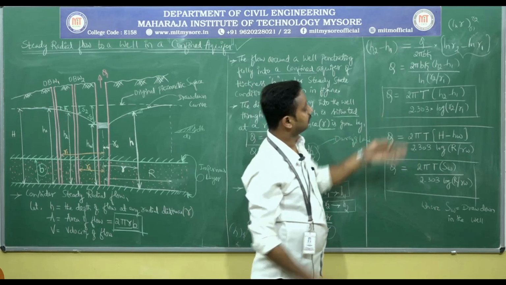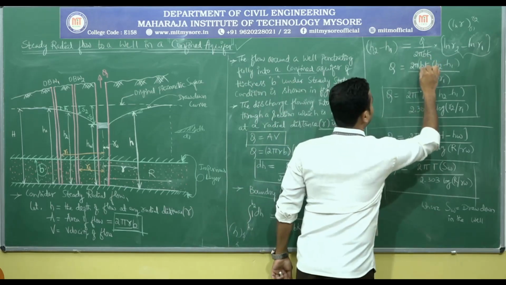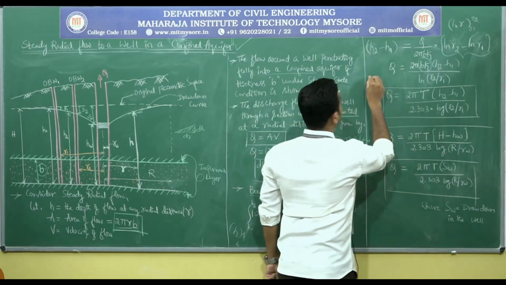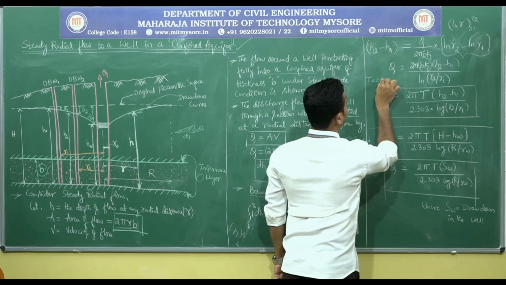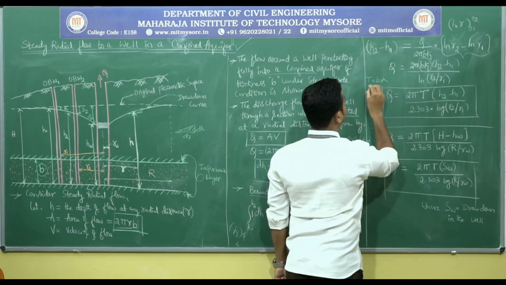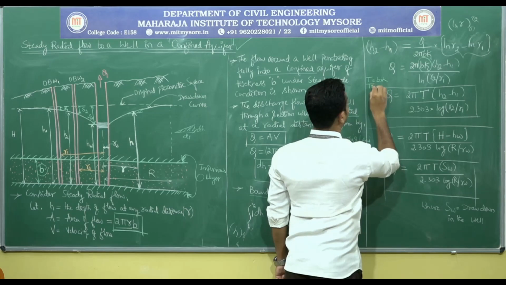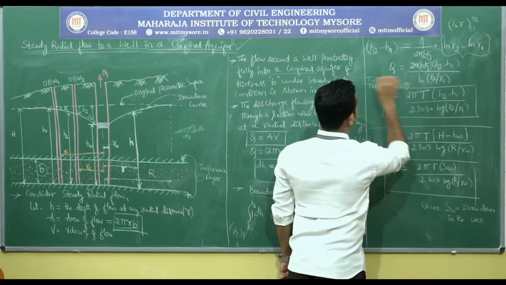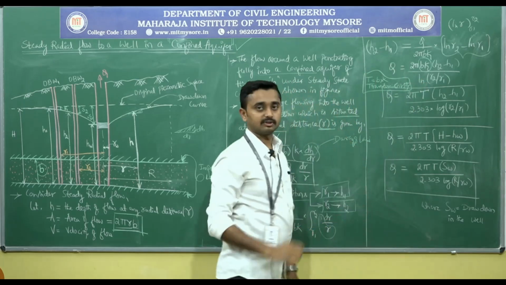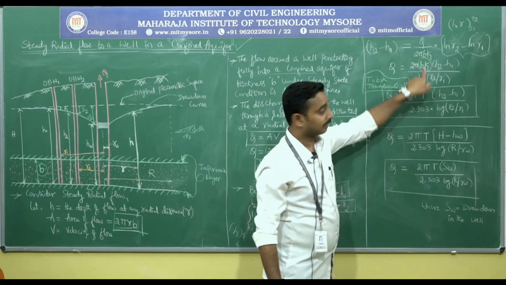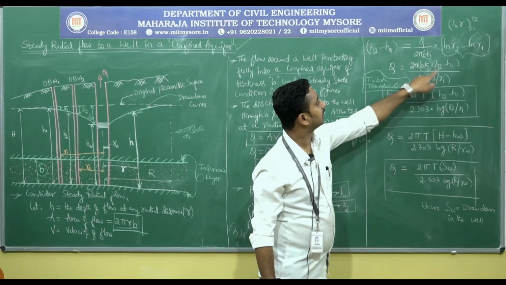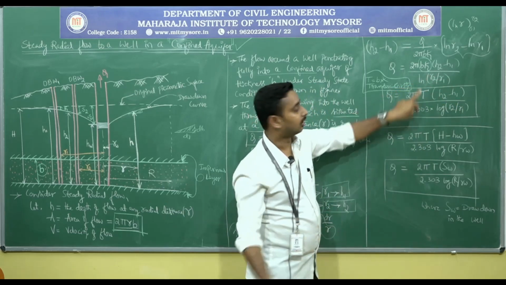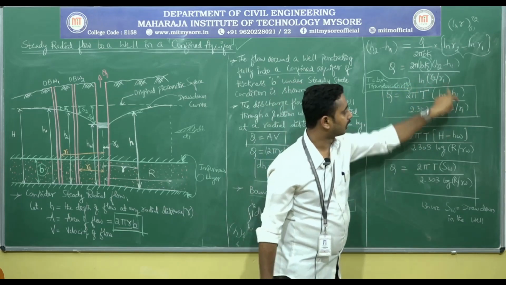Now Q equals, and we know b into k is nothing but transmissivity T. Just replace bk by T: Q equals 2 pi T times h2 minus h1 divided by ln, converted into log, 2.303 log of r2 by r1.